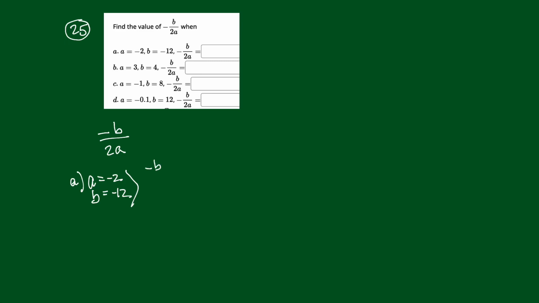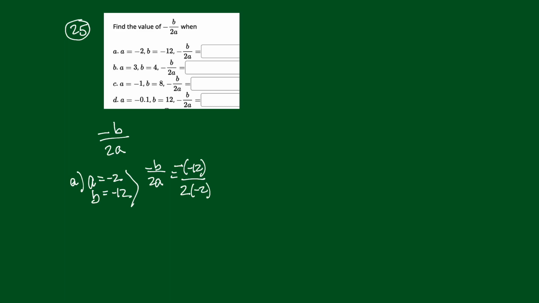At -b over 2a, what we're going to get is negative b, but b is -12, so I get -12 over 2 times a. But a, right here, is -2, so let's multiply that by 2, -2.